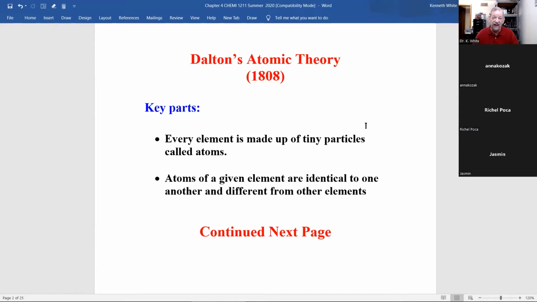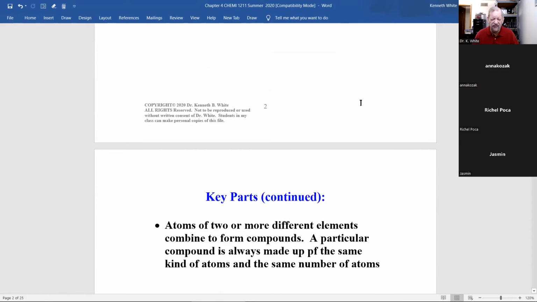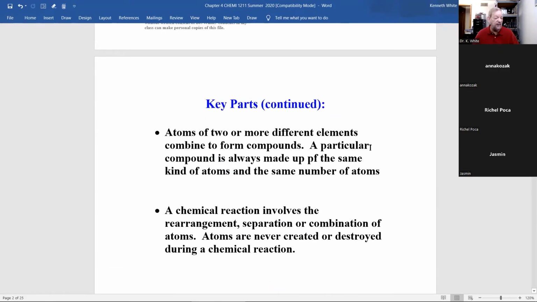Hopefully the planet won't shatter, but it was quite significant, very significant. And the other things Dalton came up with is atoms of two or more different elements combined to form compounds. And a particular compound is always made up of the same type of atoms and the same number of atoms.